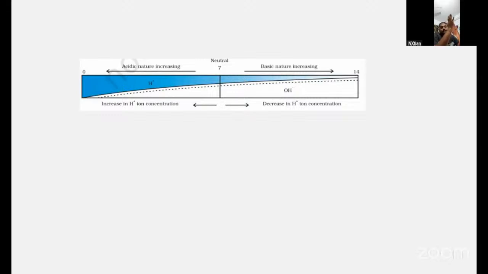Don't write it down right now. Just put a heading: Importance of pH in everyday life. Write the heading and leave 2 pages, front and back. I will send you after this class what to write.